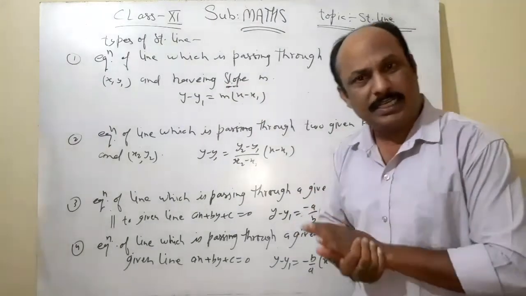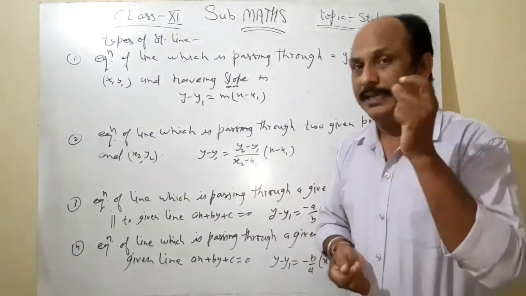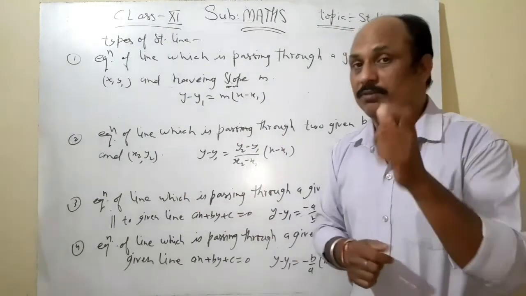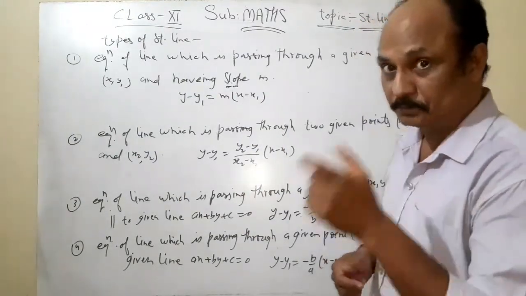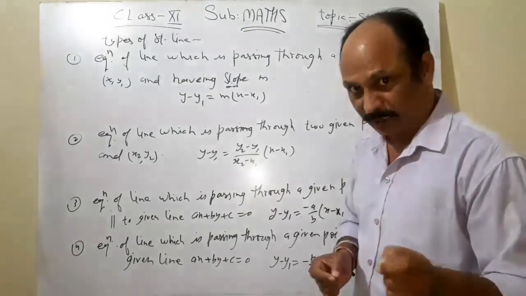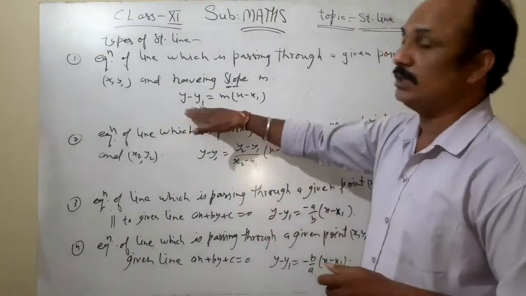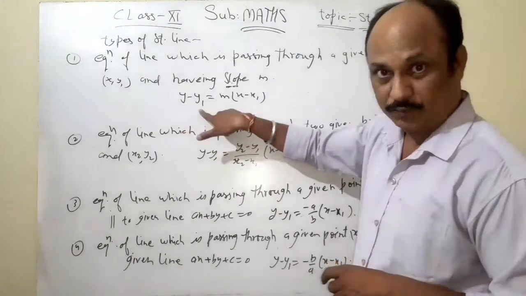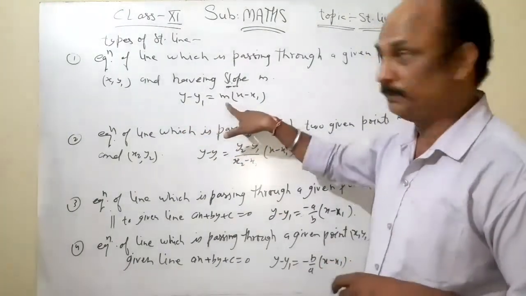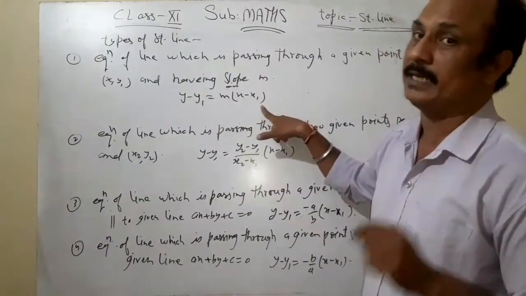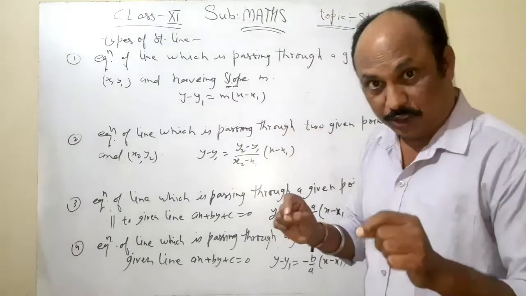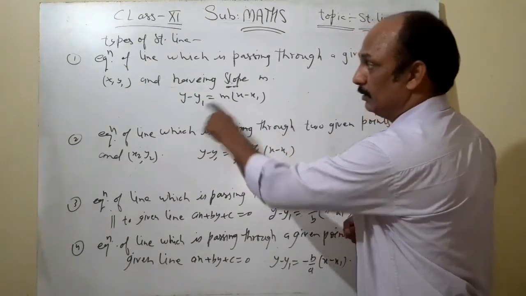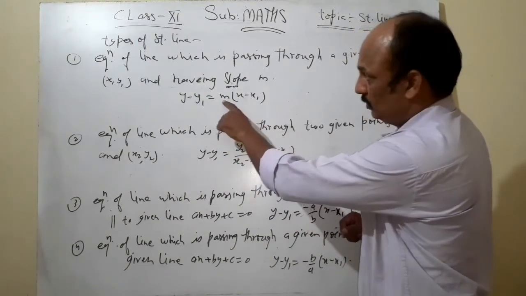Means if in a question a point is given and slope m is given and we have to find out the equation of straight line, then we should use this formula or this condition: y minus y1 is equal to m in bracket x minus x1. We should put y1 and x1 here and value of m here.